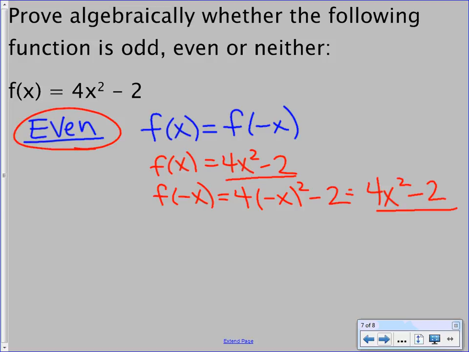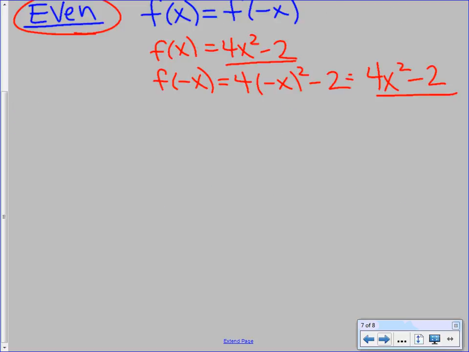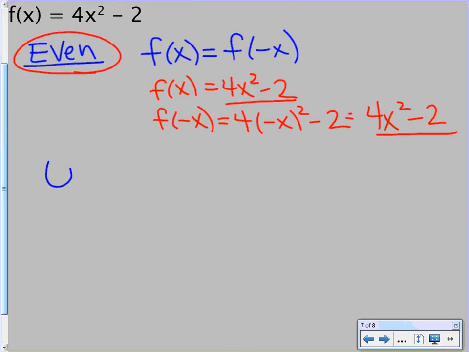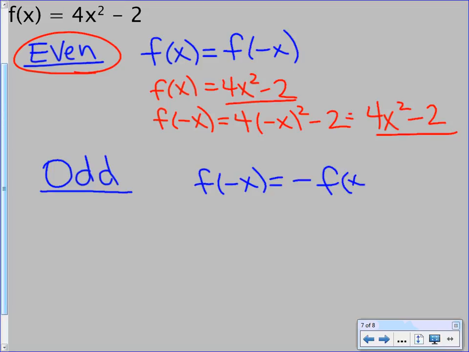Now we know that it's not going to be odd, but I'd still like to go through the work to show if it's odd, so we can get that practice. If we wanted to show that we had an odd function, what's the algebra for that? F of negative x equals negative f of x. What's nice about this is we already know what f of negative x is. Negative f of x means we're going to do what with the negative?